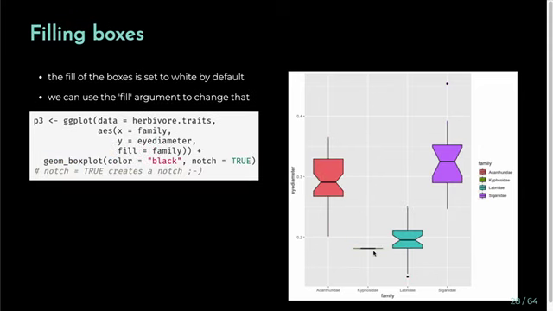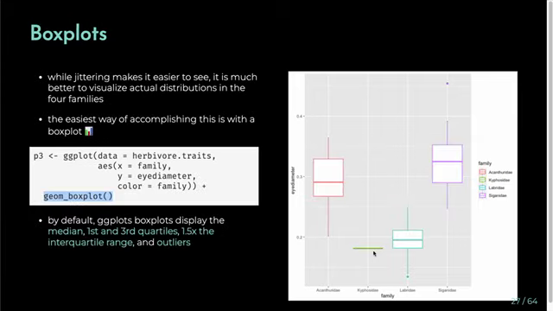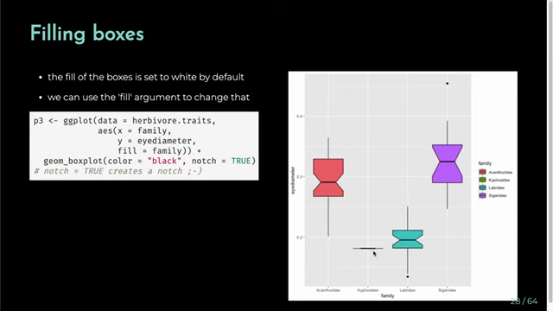We can make these boxes a little prettier. So the fill of the boxes is generally set to white. So here the boxes are filled with white. We can change that using the fill argument. So up until now, we've only dealt with the color, and the color is always the lines in a plot, whereas the fill argument, as you can see, has now replaced this white content here with colored content. So fill equals family will do that.